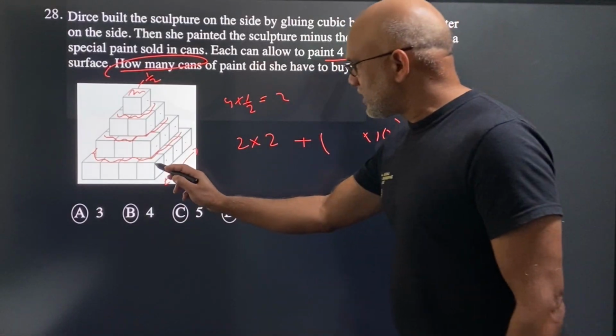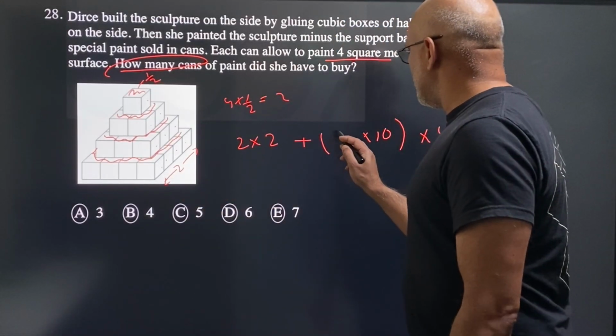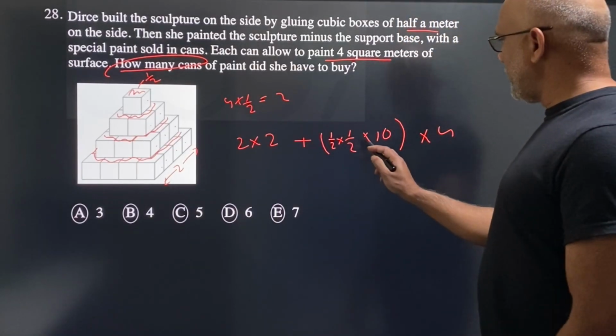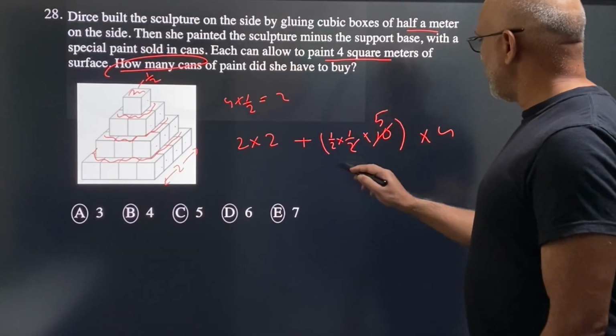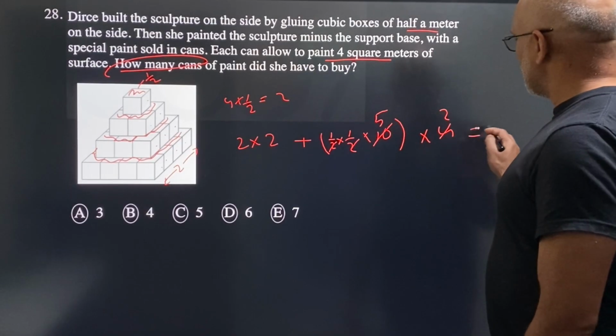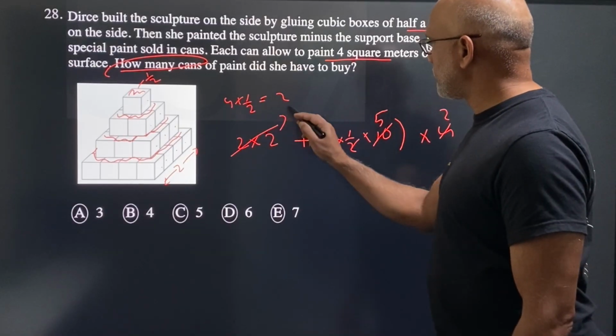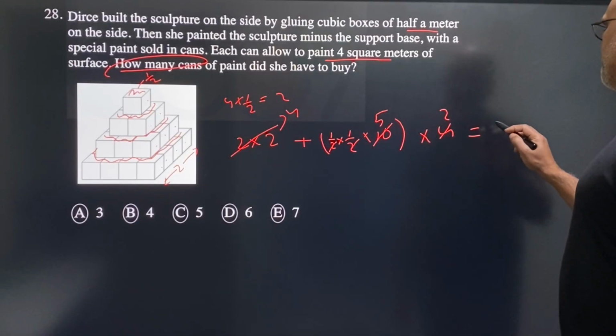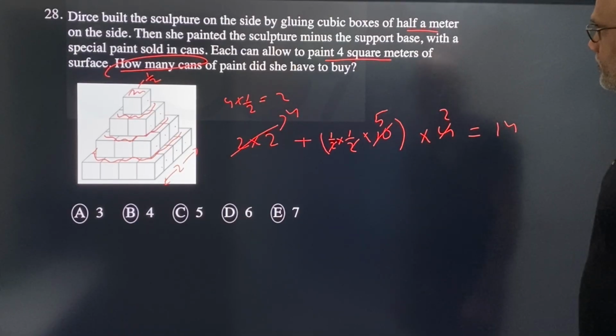Surface area of 1 is half times half. So this is 4 and this is 10, so that is 14.